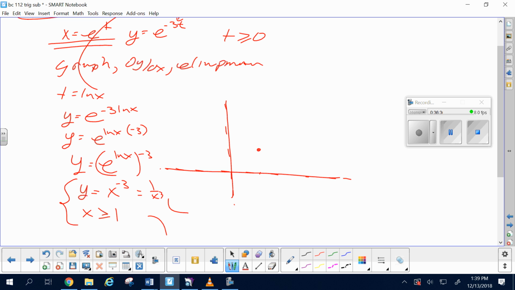It still has the point 1, 1, like all those. The only difference is it decays faster. So it would decay faster this way, and we say this is the initial point and the direction is that way. And then dy dx is probably easiest to find. Oh, sorry, dy dx is negative 3 e to the negative 3t over e to the t. Or if you like, negative 3 over e to the 4t if you put those two together.